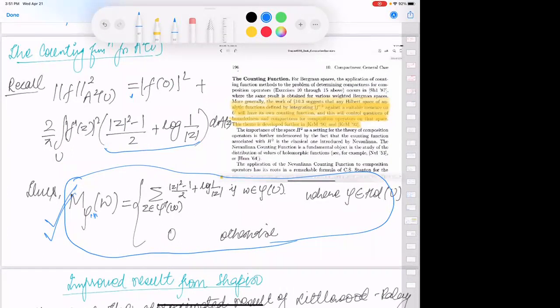So when we have this equality, which I have done over here, which I was discussing since the start of this presentation, this should be the Nevanlinna counting function instead of that.